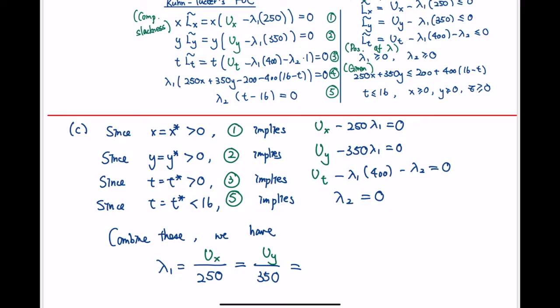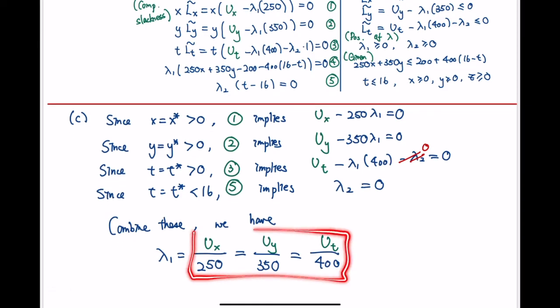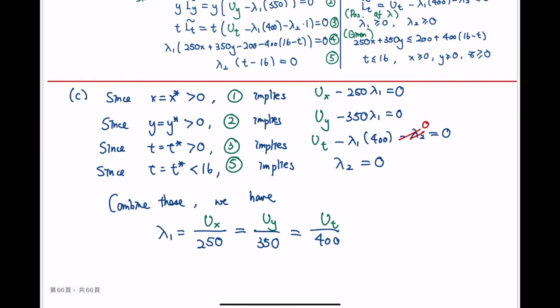And finally, according to this equation, what is lambda 1? It looks messy, but lambda 2 is 0. I can forget about it. So according to this equation, I have lambda 1 equals to ut over 400. So in particular, these three quantities are equal at x, y, t equals to x star, y star, t star. And we're done. That's it.